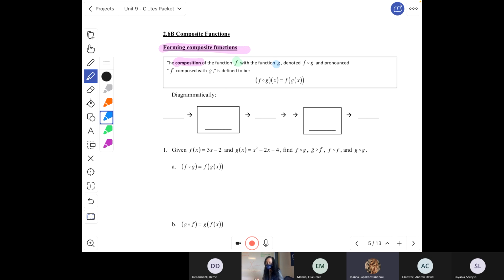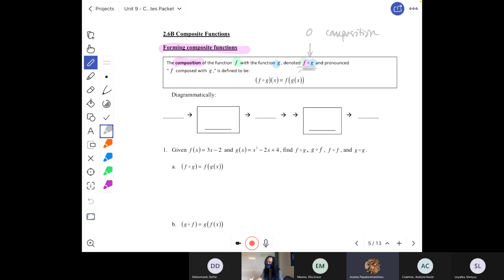To represent that, I would say f of open circle g. So that notation here, f open circle g, not closed. Closed means multiplication, right? This little open circle means you are taking the composition of two functions.